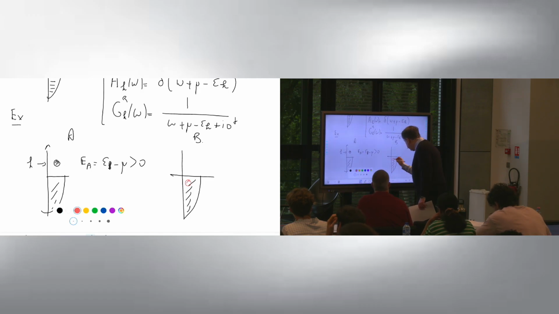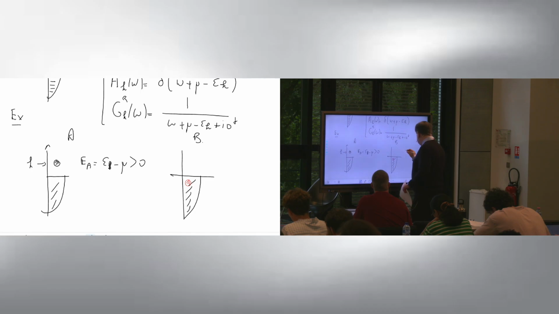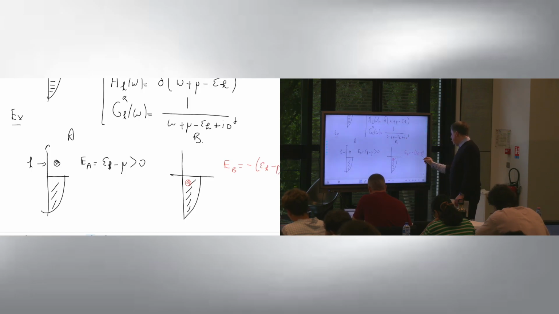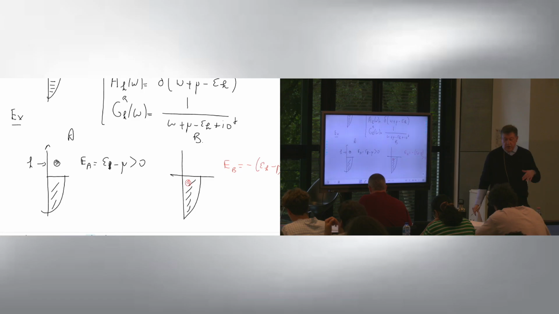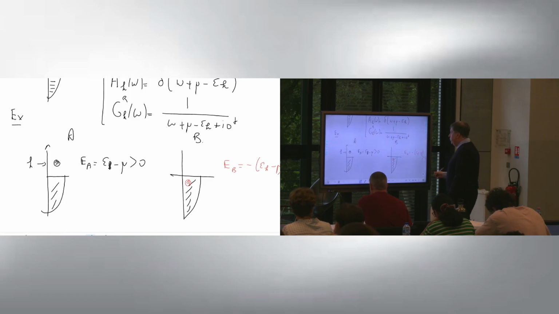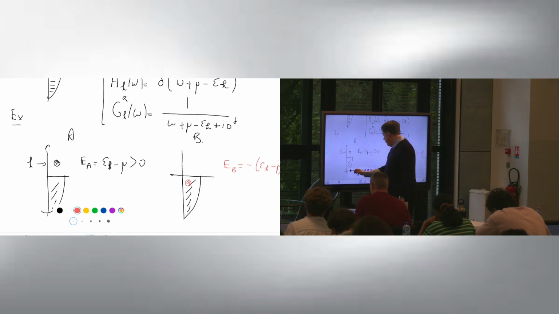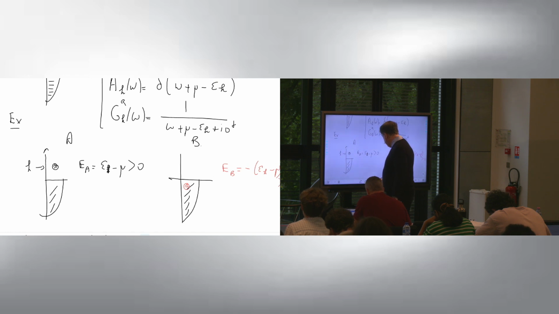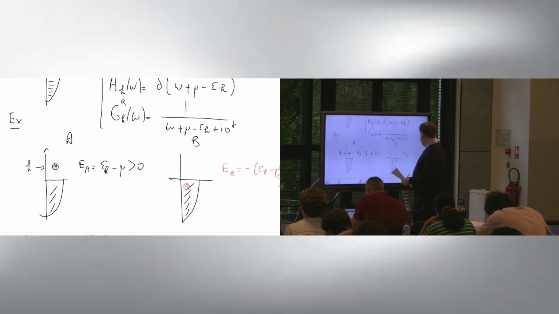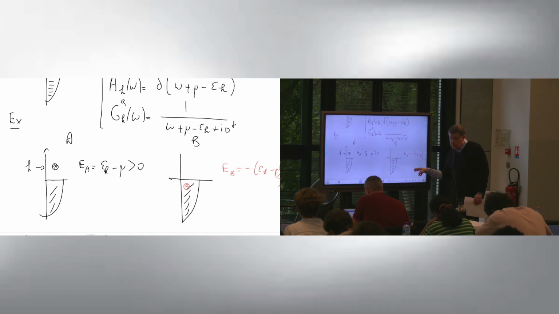We're going to make an electron hole somewhere here with an energy E_B, which is equal to minus epsilon_k plus mu, which is again positive because we are below the Fermi surface, and you can check that if you report this into the Lehmann representation, because of the signs and everything, you'll get exactly this result here.